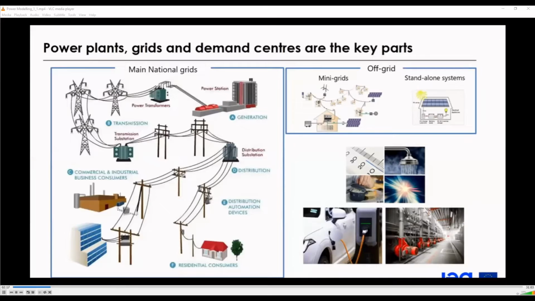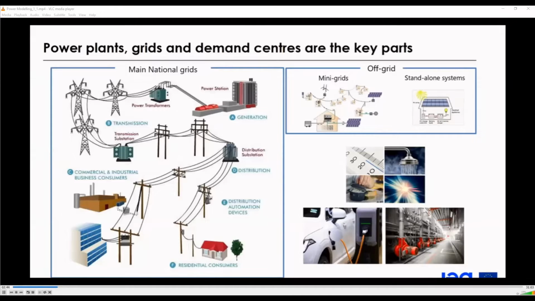And now this traditional way of looking at flows is becoming blurrier and blurrier. You can see that now more and more consumers are generating their own electricity and injecting it into the grid. So this traditional unidirectional flow is becoming more multidirectional. So that is on the national grid side.